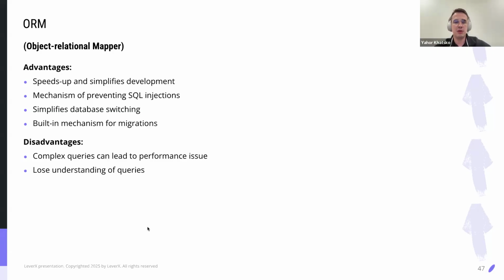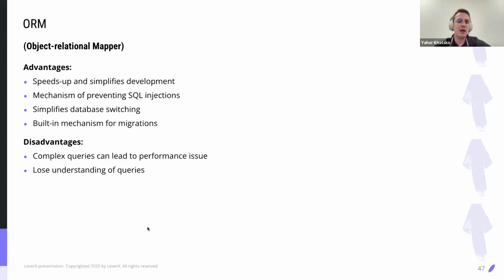It simplifies database switching. It's a really rare case where you would like to change the database from, let's say, MySQL to Postgres, but it could happen. It provides you with an abstraction over the database, so by changing several lines of code, you can change from MySQL to PostgreSQL.